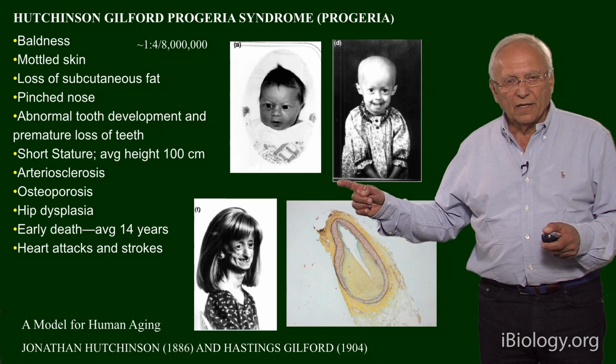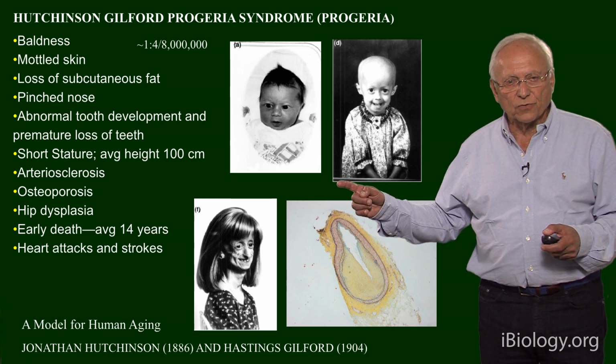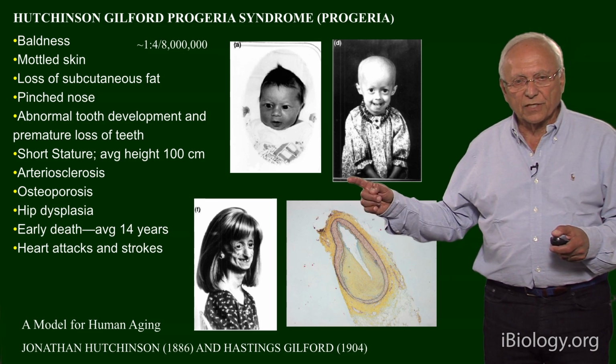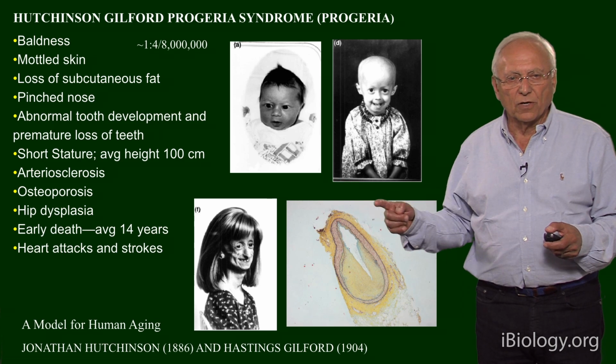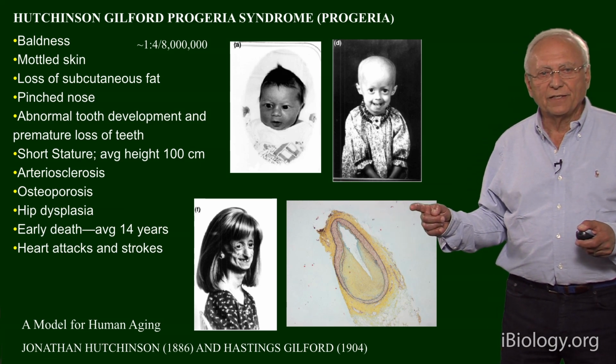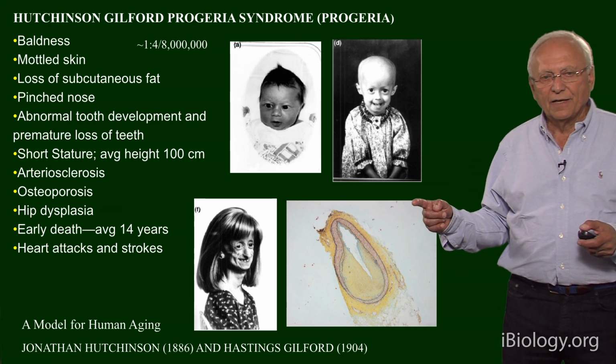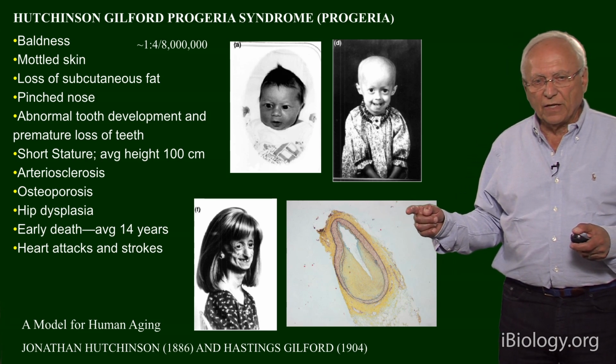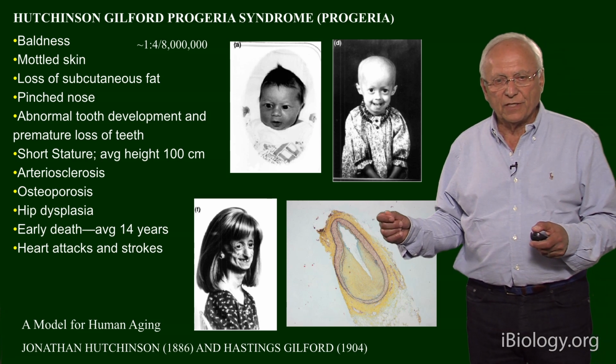And you can see the disease usually begins with losing hair or becoming bald, and then skin becomes mottled. There's loss of subcutaneous fat. The nose becomes pinched, and there's abnormal tooth development and premature loss of teeth.